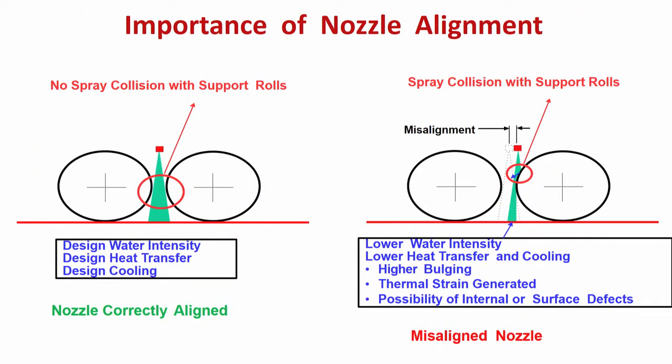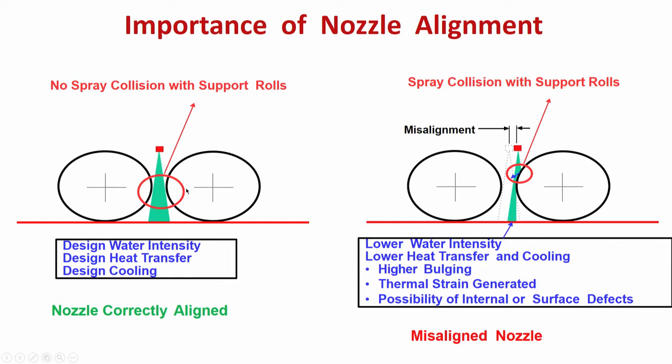Okay, now let us see another important aspect. What is meant by nozzle alignment? Here I have earlier discussed that in between the two rolls we have a nozzle and the spray is coming and impinging on the strand surface within this area.